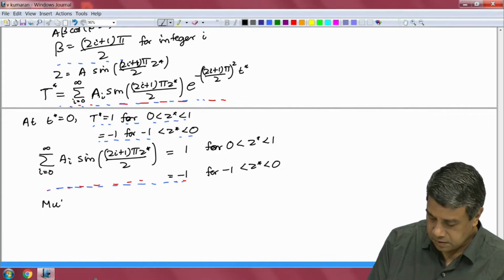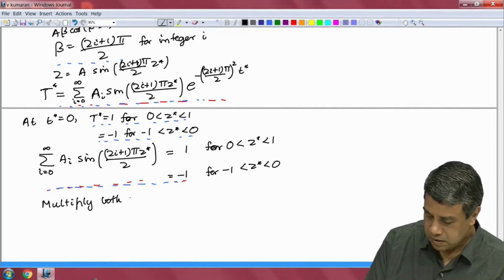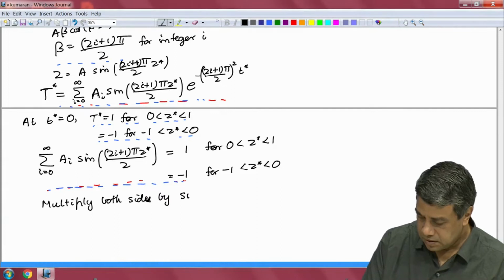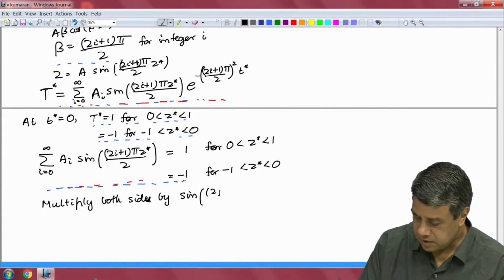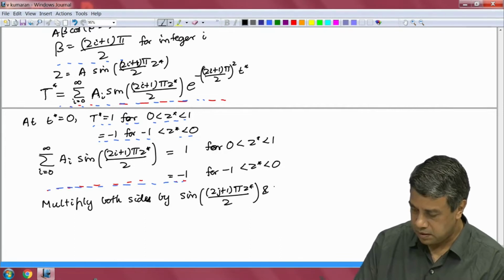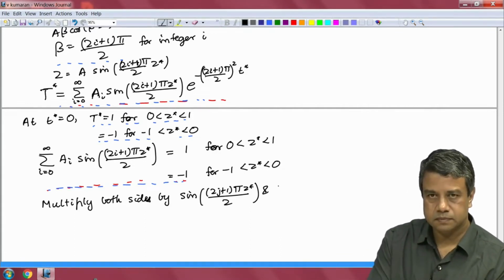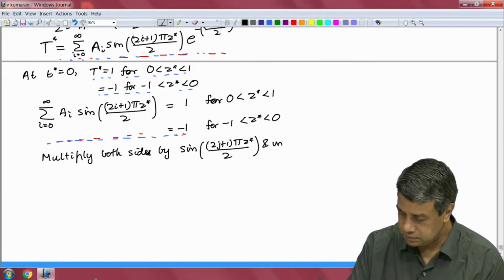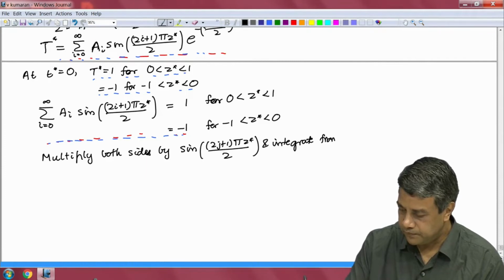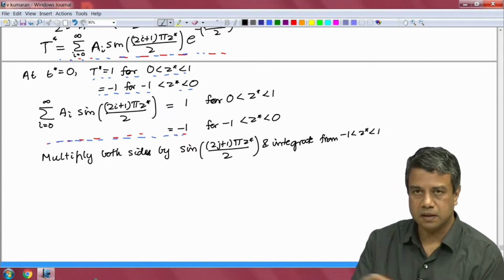Multiply both sides by sine of (2j plus 1) pi z by 2 and integrate over the entire domain.